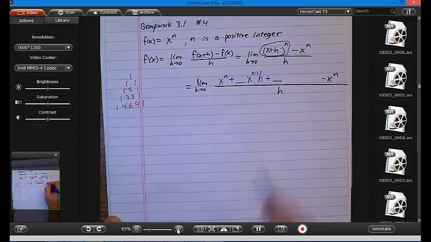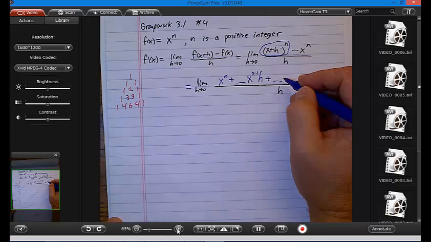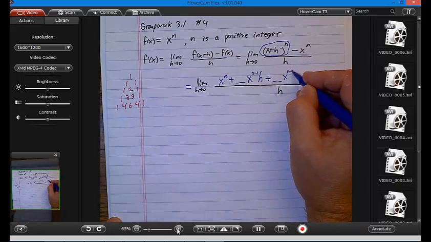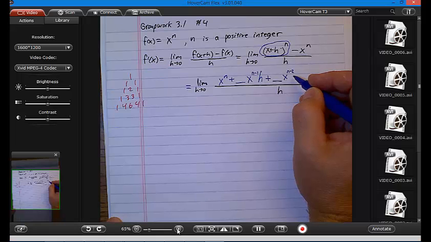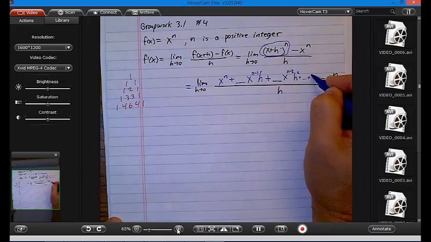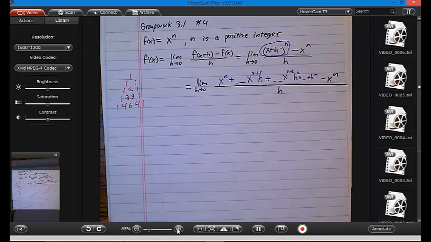And then I'm going to put another plus, and a blank. Can you tell me what the next term is going to be? Plus something x to the n minus 2 times h squared, plus dot, dot, dot, all the way up to h to the n. Okay, so that's what it equals.